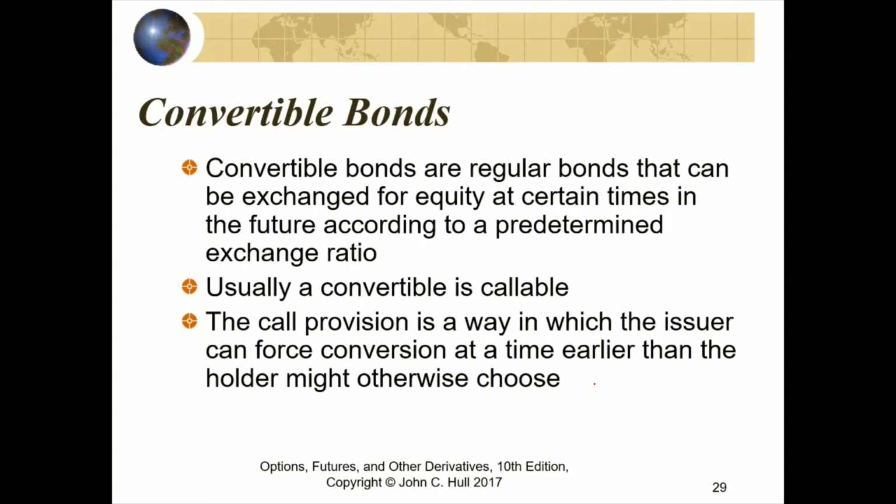And usually they do this so the issuer will have the flexibility to call back the bond issue if conditions in the market motivate the issuer to get back the old issue and issue a new one at a lower coupon rate.